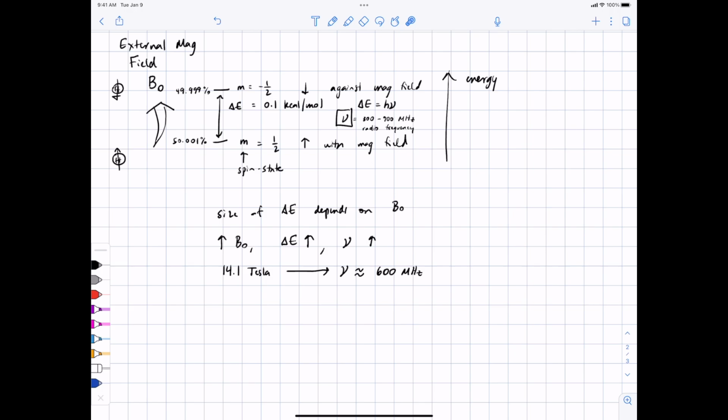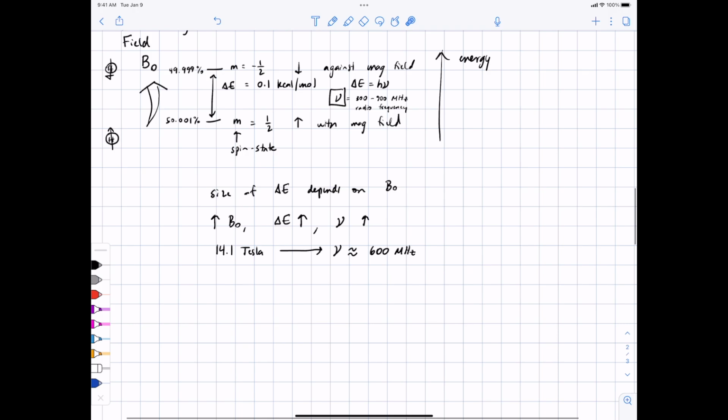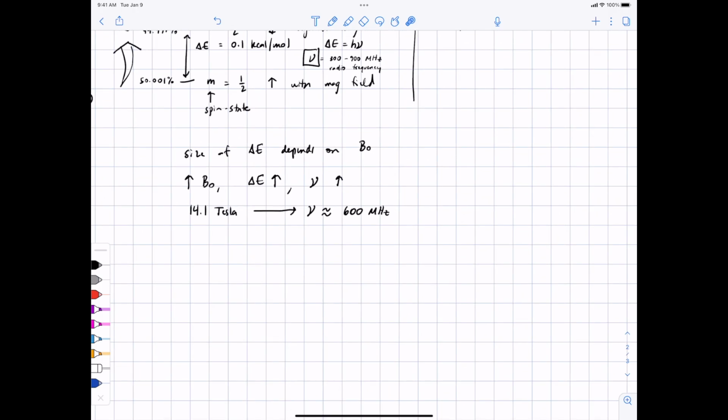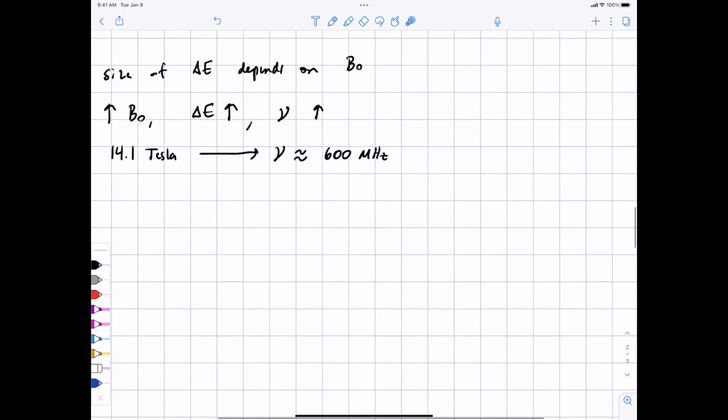So even though your average proton absorbs in the 600 megahertz region, your average proton is going to have frequencies that range from 600 megahertz to maybe something like 600.6... I can't even figure out how to say this, but this number of hertz.